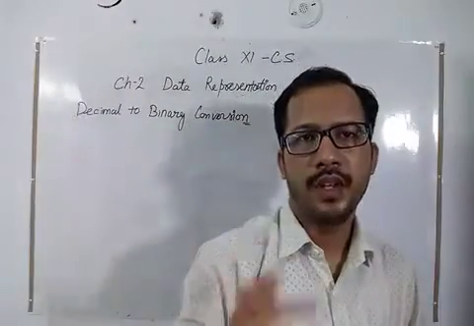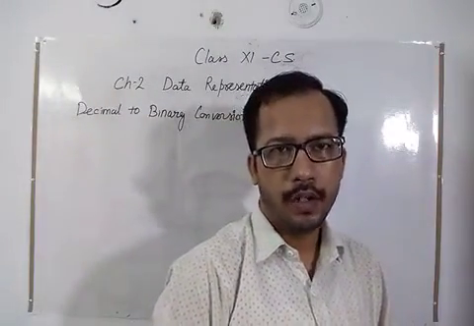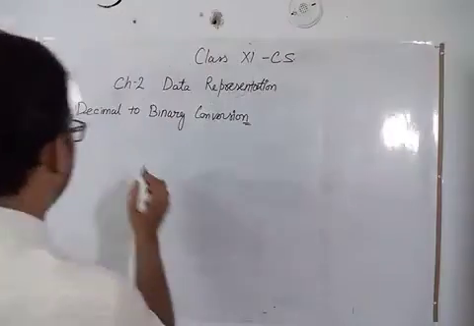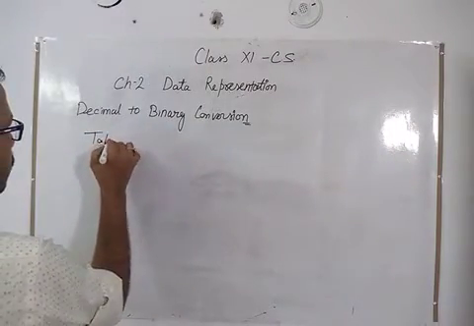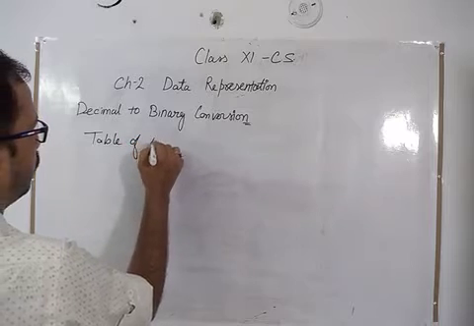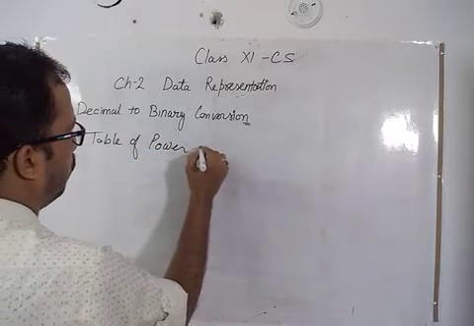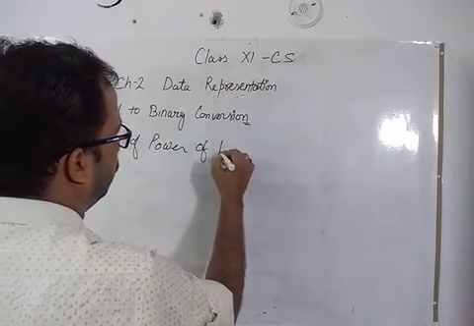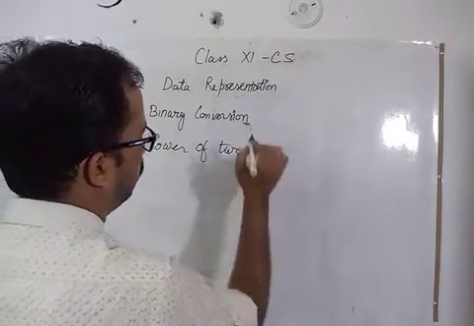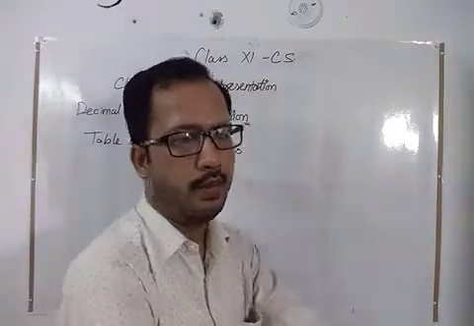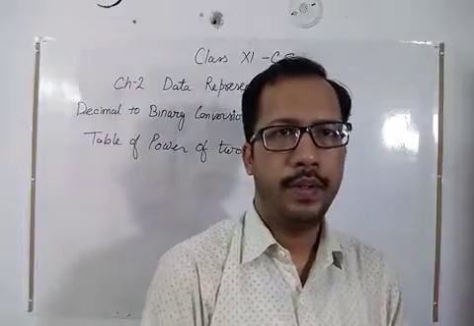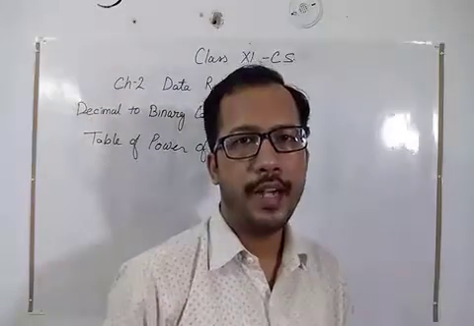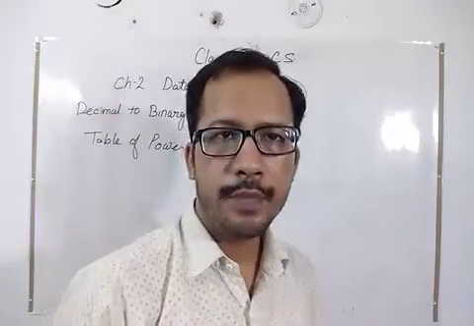Okay, which is referring to the table of powers of 2. So the table of powers of 2, it is the method. So what will we do in that method? In that method we will arrange the powers of 2.